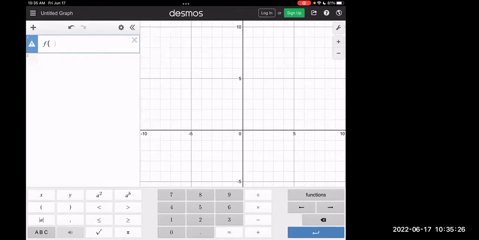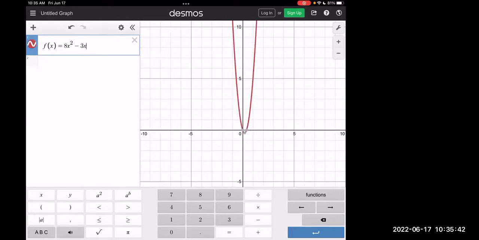But ooh, I love it. How do we get Desmos to just tell us a derivative? So if I say like f of x equals 8x squared minus 3x, well, let's move it up a little bit, plus 2, there.